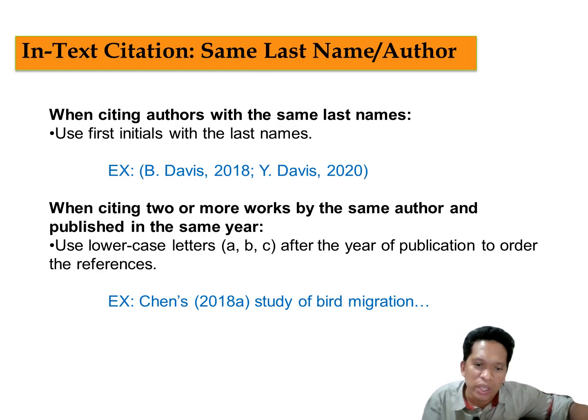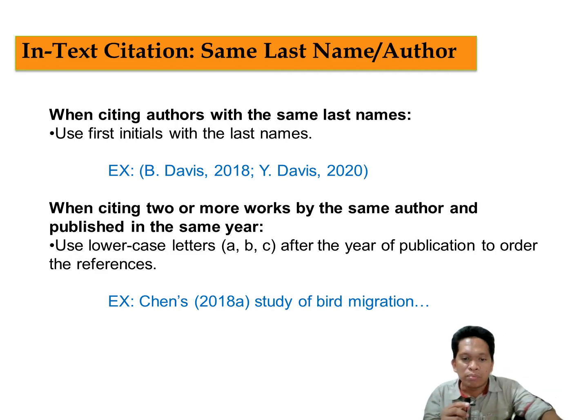Like, for example, Chin 2018a, or Chin 2018b, and so on. If he publishes 5 books in the year and it is the 5th, so you have Chin 2018e, or for example, he has 6, then 2018f. Okay, see the example above.